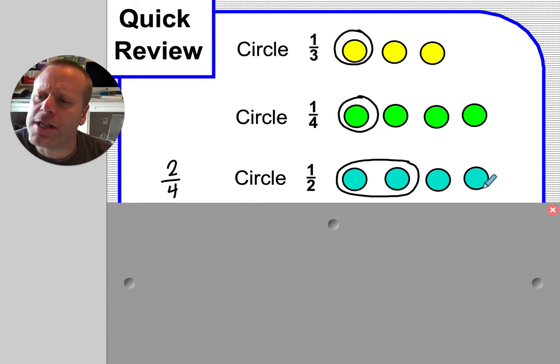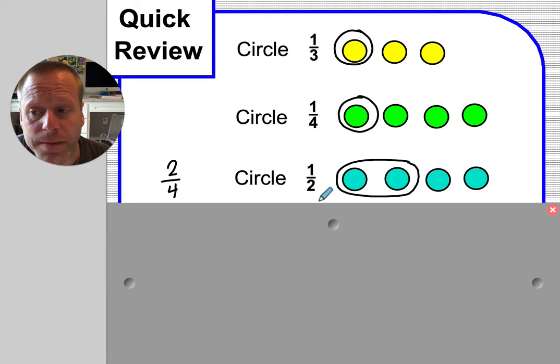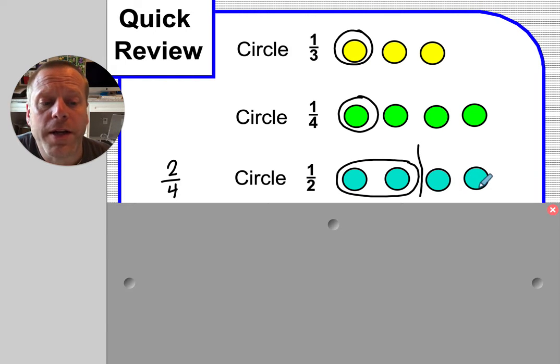So how could this also be the same thing as circling 1 of the 2? So you'd have to think about this very differently. You'd have to think about this as, instead of being 1, 2, 3, 4 circles, there's actually 2 groups that we're looking at.